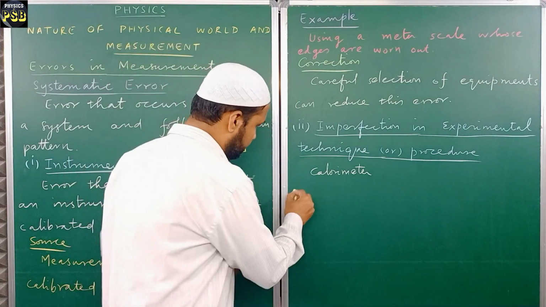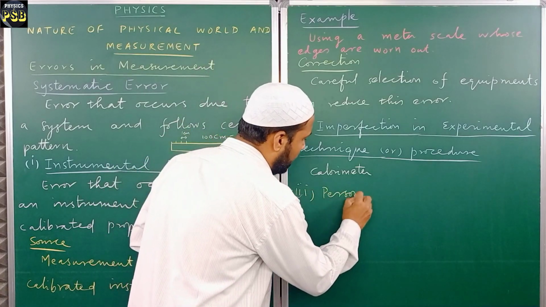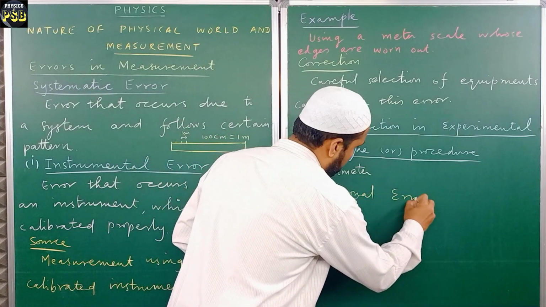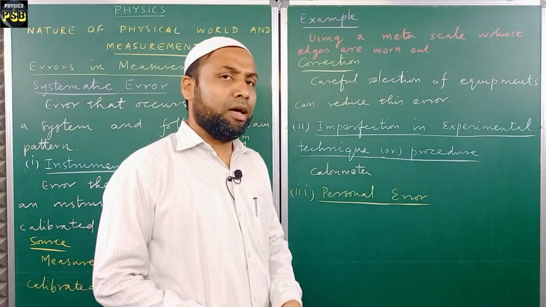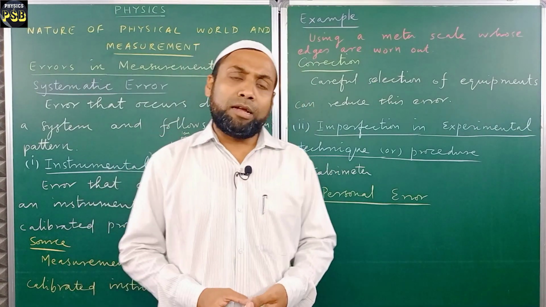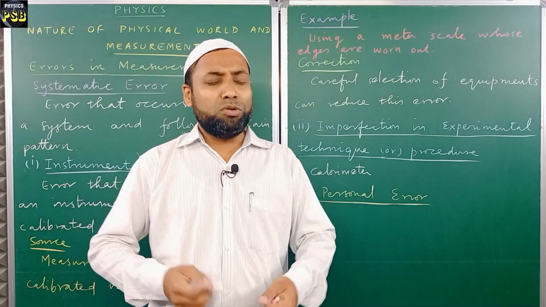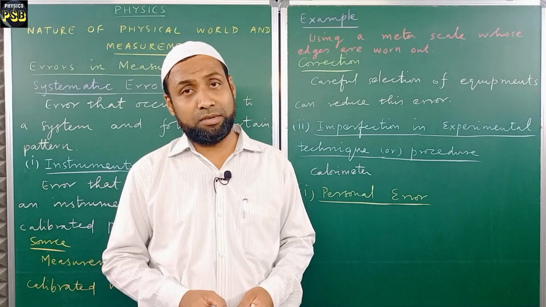Now third is a personal error. Personal error. It is quite common. Already we have studied about this in gross error. Now, the errors which occur due to the person who performs the experiment.